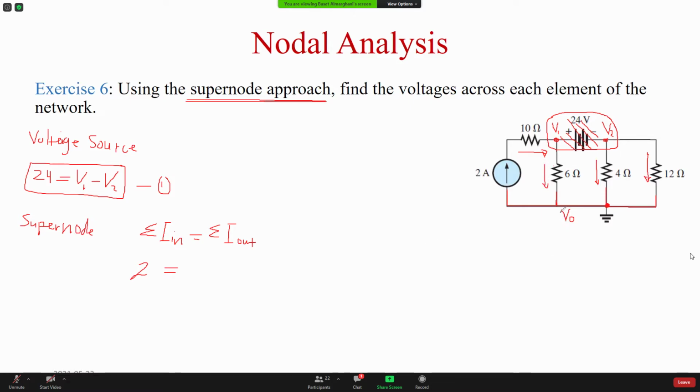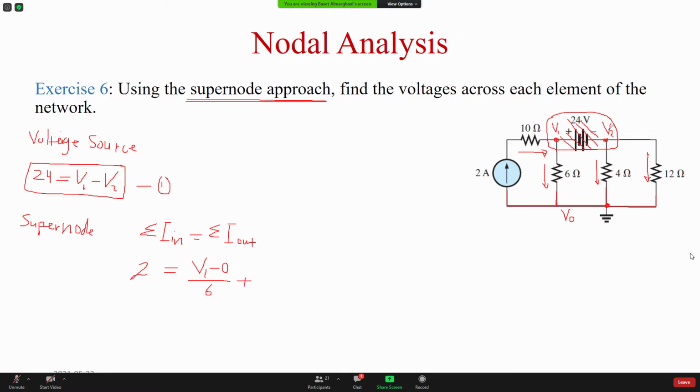Okay. And the first one here in the 6 ohm is V1 minus 0, that's the voltage, divided by 6. The second one, which is in the 4 ohm, it's V2 now.